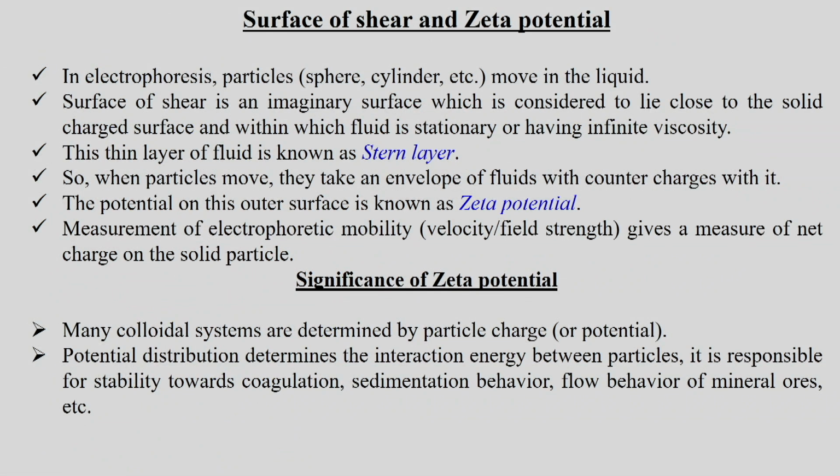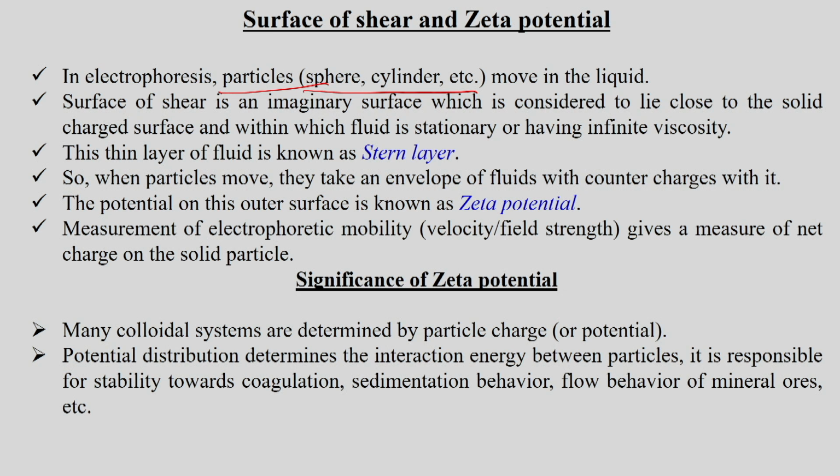Okay. Then we have discussed in detail about the surface of the shear and the zeta potential. So, in electrophoresis these particles, like spheres or cylinders, move in the liquid, and the surface of the shear is an imaginary surface, which is considered to lie close to the solid charged surface, and within which the fluid is stationary or having infinite viscosity. Okay.